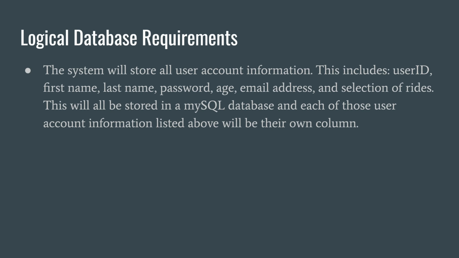For the logical database requirements, the system will store all user account information, which includes the user ID, their first name, their last name, password, age, their email address, and their selection of rides, which all this data will be stored in a MySQL database, and each of those users' account information listed above will be in their own respective column.